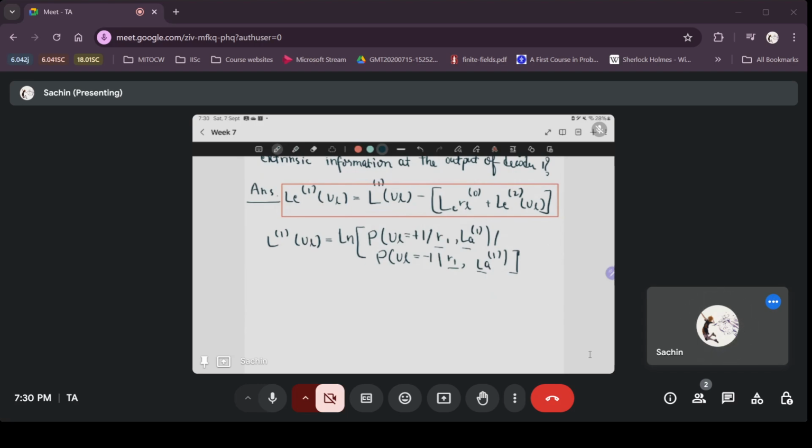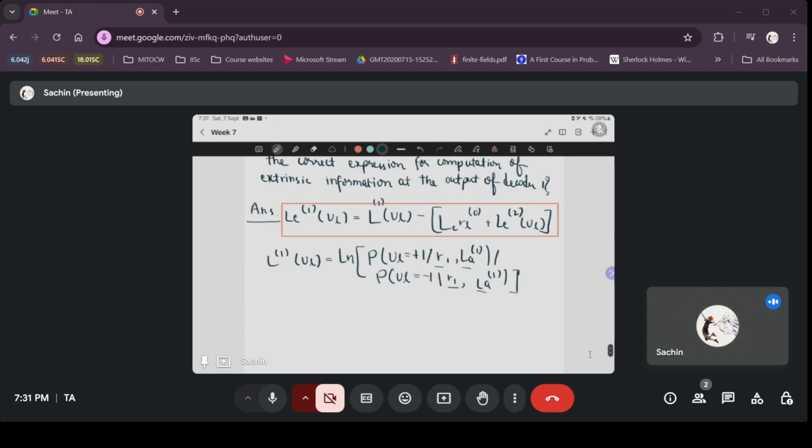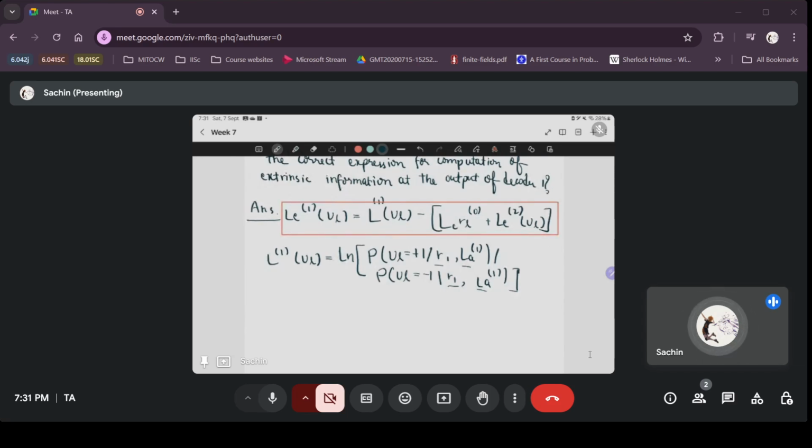LE2 of UL is the extrinsic L value of the second decoder, which is actually used as the a priori probability for the first decoder in the next iteration. So that is the LE1 of UL, the extrinsic information at the output of decoder 1. You take this and feed it as the a priori probability LA for the second decoder in the next iteration. So LA of 2 will be LE1 of UL.